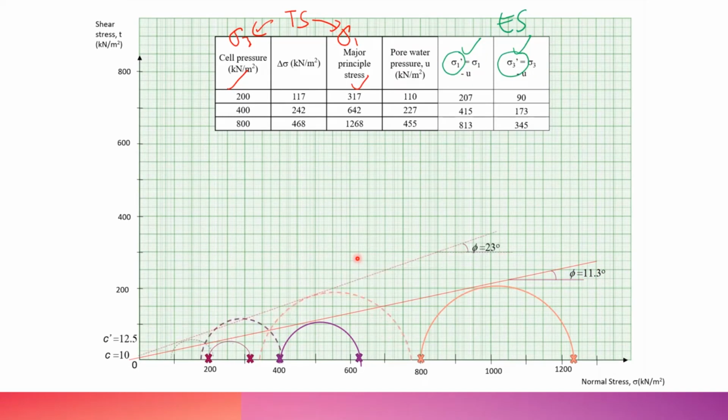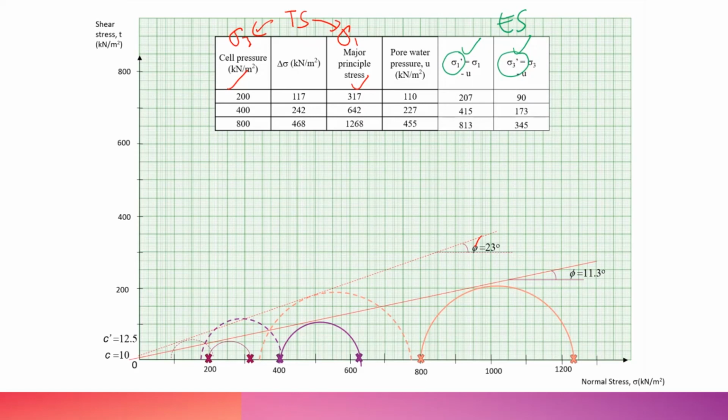You have 3 circles representing effective stress, and by plotting the failure line here, you find out that C prime is 12.5, and the friction angle, I forgot to put, this is supposedly phi prime, is 23 degrees. So those are the answers for both sets.